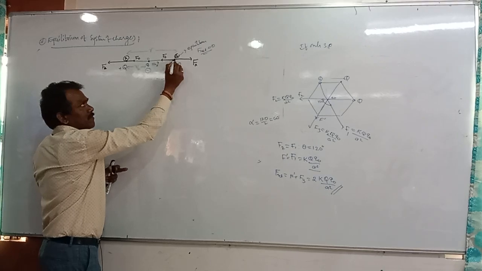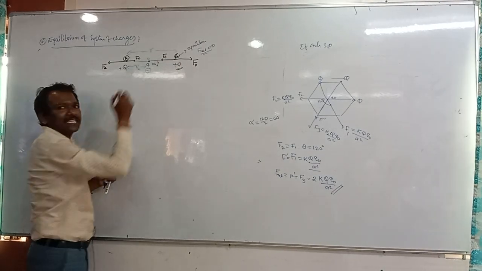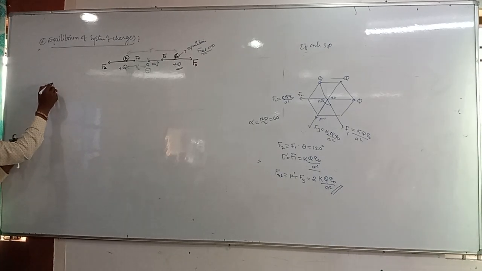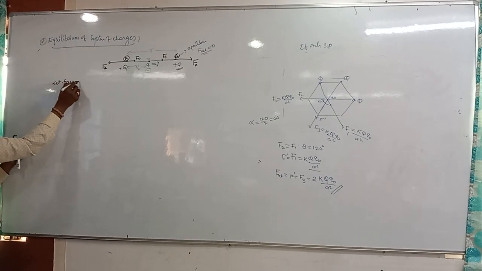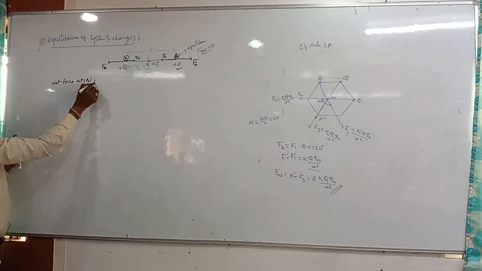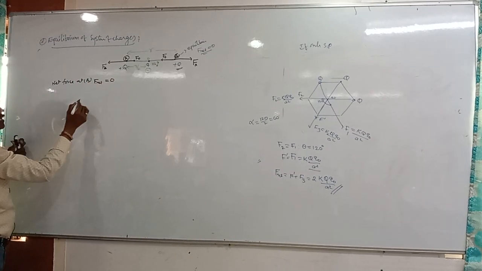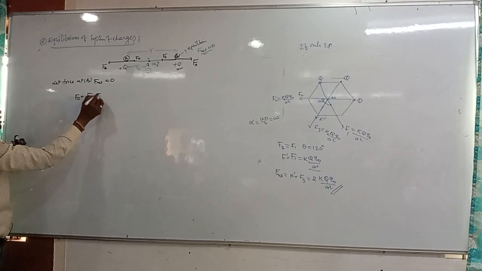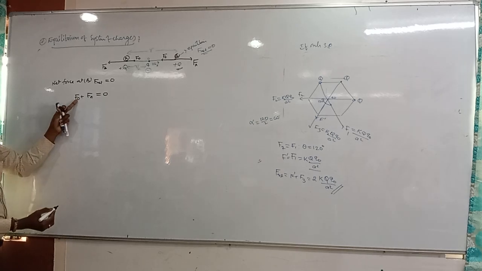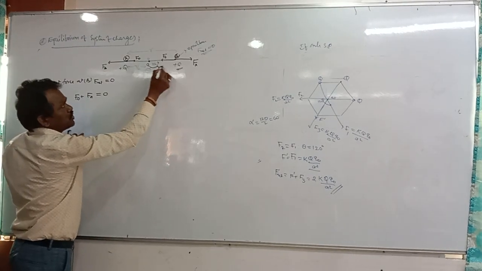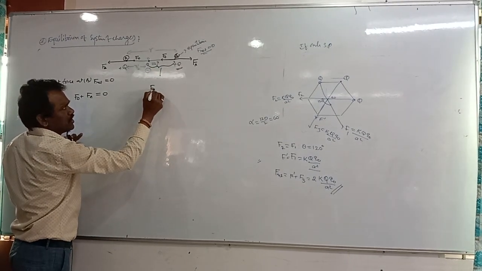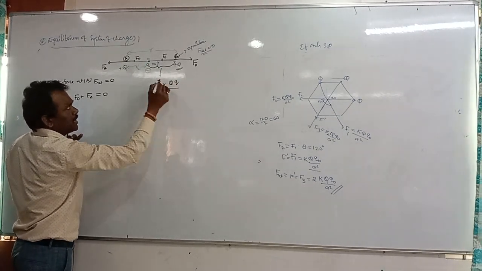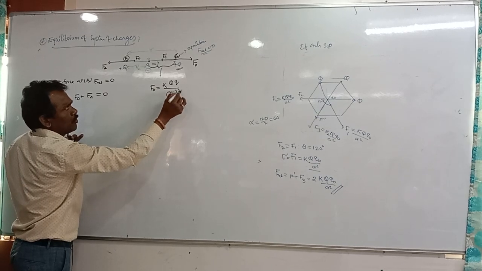Let us see here, the sum of these two forces. In equilibrium position, the net force at B should be 0. That means the sum of the forces F naught plus FA is equal to 0. What is F naught? The force between these two, F naught, is K Q small q divided by R by 2 whole square.